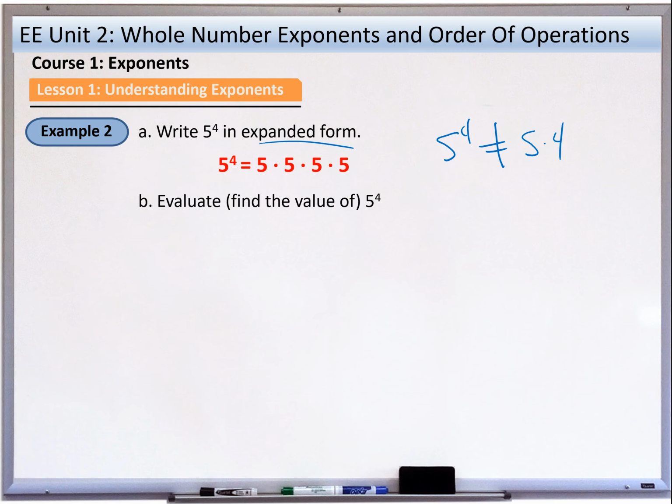All right, now we're saying evaluate. Remember, we're writing and evaluating. So we wrote it in expanded form. Now we want to evaluate, or find the value. How much is 5 to the power of 4? I'm going to write it out again and start multiplying. 5 times 5 is 25. Now I have to multiply 25 times 5. 25 times 5, I believe it's 125.